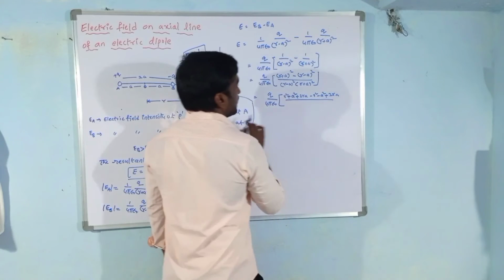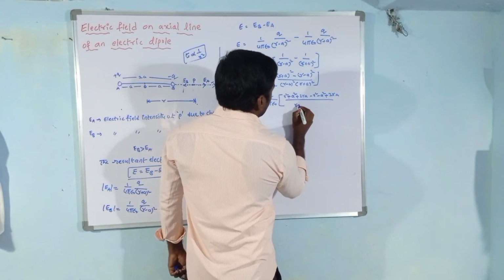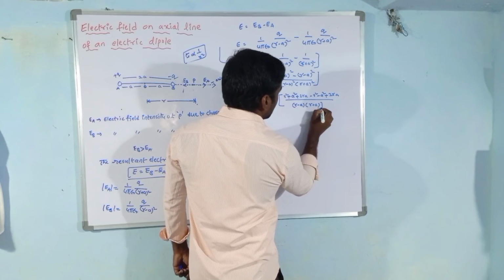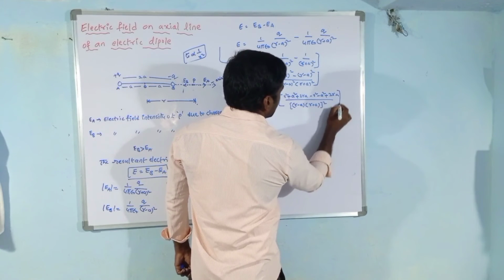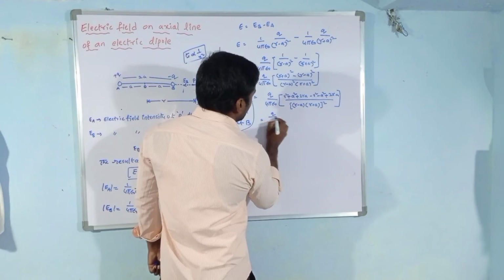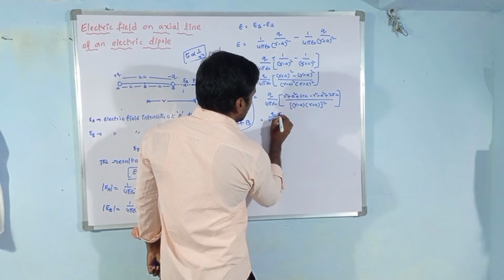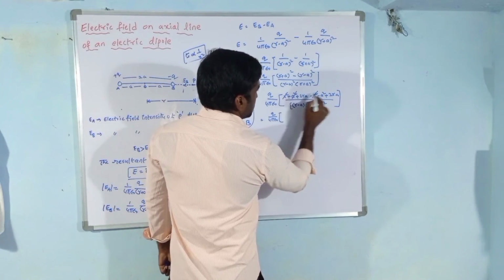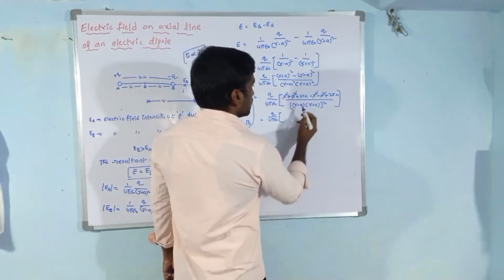So we can write this by R minus A into R plus A whole square. Next, Q by 4 pi epsilon naught, positive R square and negative R square, positive A square and negative A square will get cancelled.